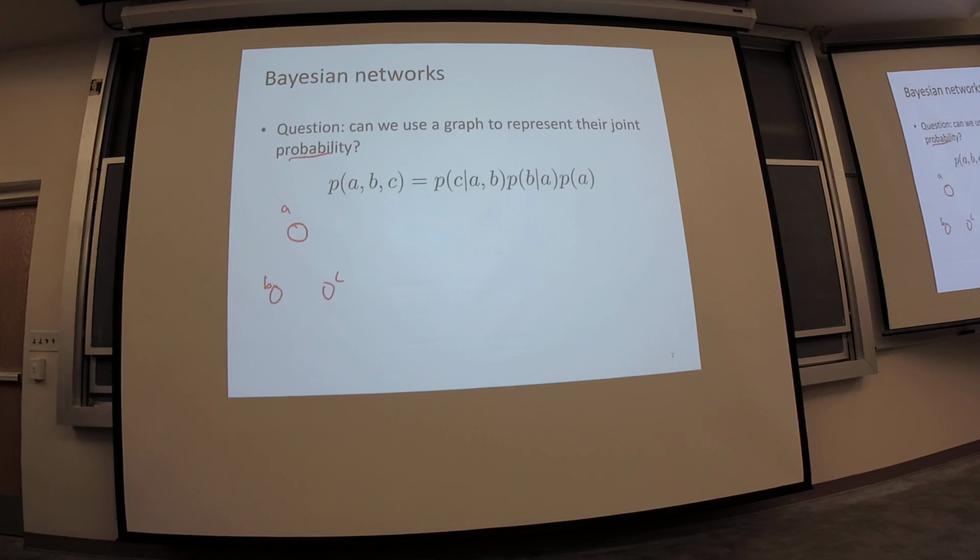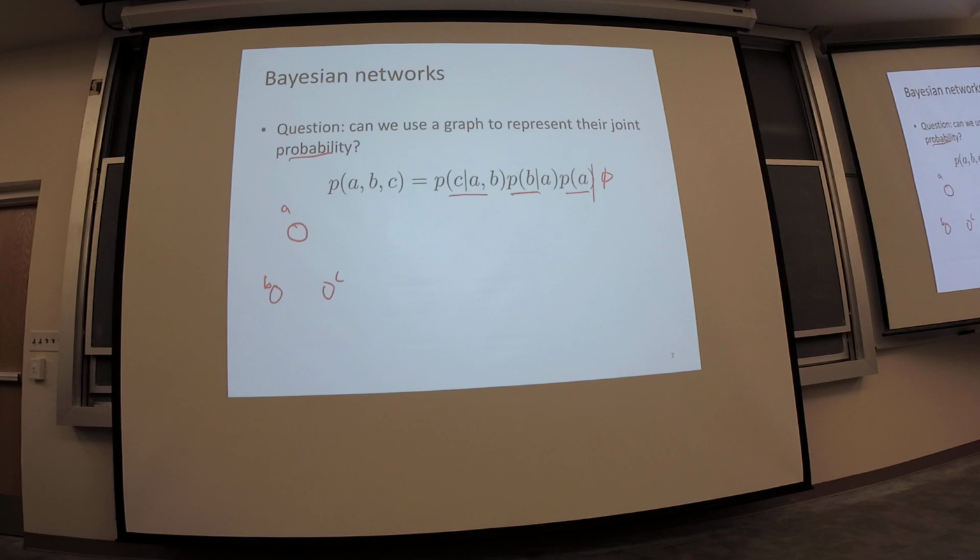We can observe their dependency from the factorization of their joint probability. Your joint probability can be factorized as the product of the conditional probabilities. For the marginal probability, you can consider a special type of conditional probability where you condition on nothing.